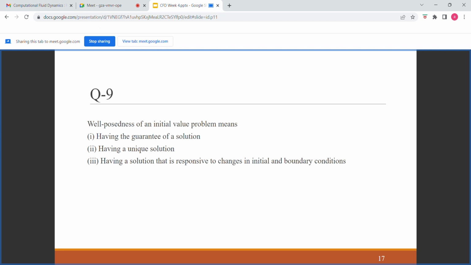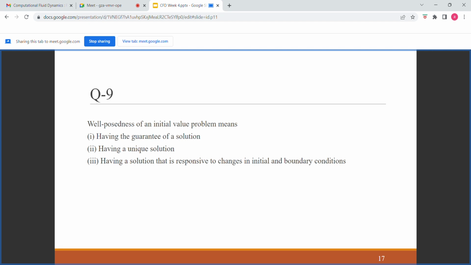For solving the mathematical problem, we expect it to have a unique solution. First we expect it to guarantee a solution, and we expect it to have a unique solution, and the solution should respond to changes in the initial and the boundary conditions.